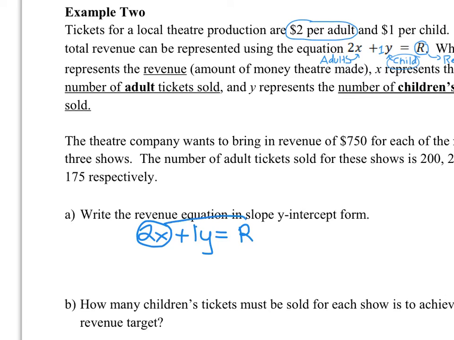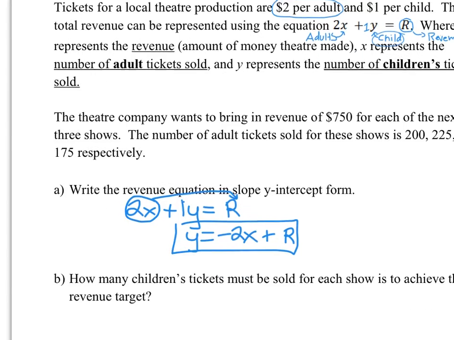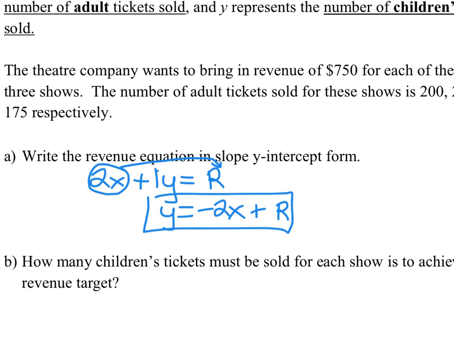So like we did earlier, I'll take my 2x and bring it over, leaving y by itself, turning the positive 2x into negative 2x plus r. Now with this equation, it can be very useful in solving for the revenue or solving for y. Right now, solving for y is very easy because it's already isolated.